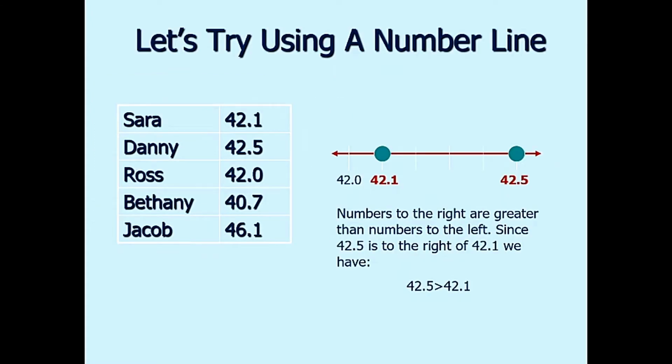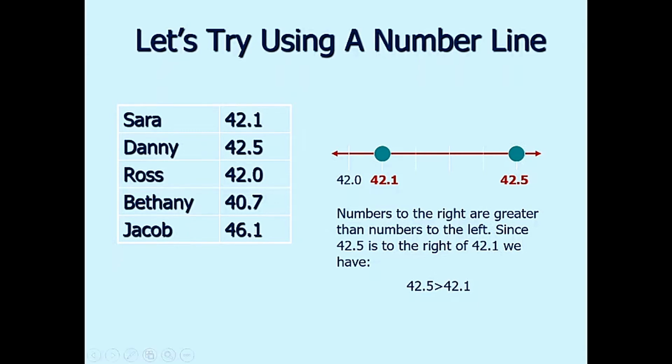Let's try using a number line. You will see two dots. They represent the scores of Sarah and Danny. 42.1 for Sarah's score and 42.5 for Danny's score. And you need to remember, if you are using a number line, numbers to the right are greater than numbers to the left.